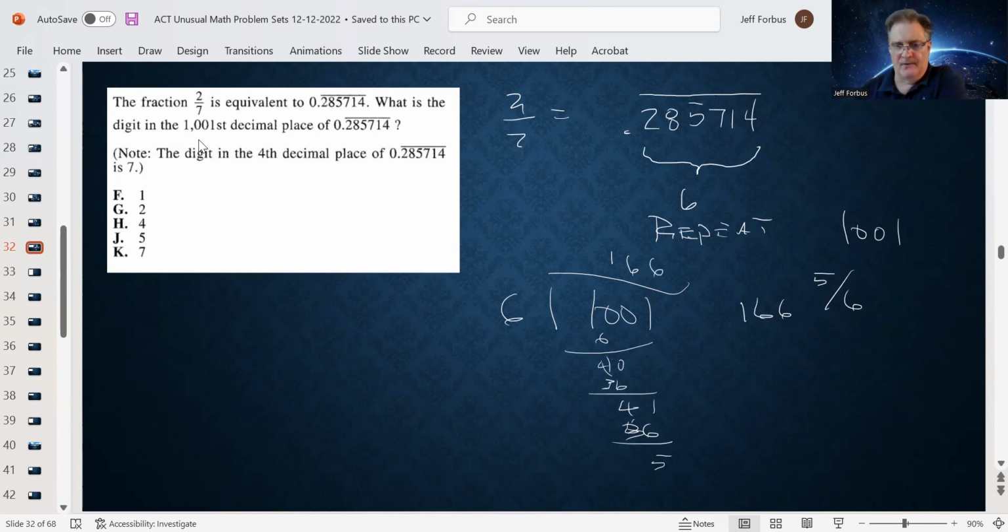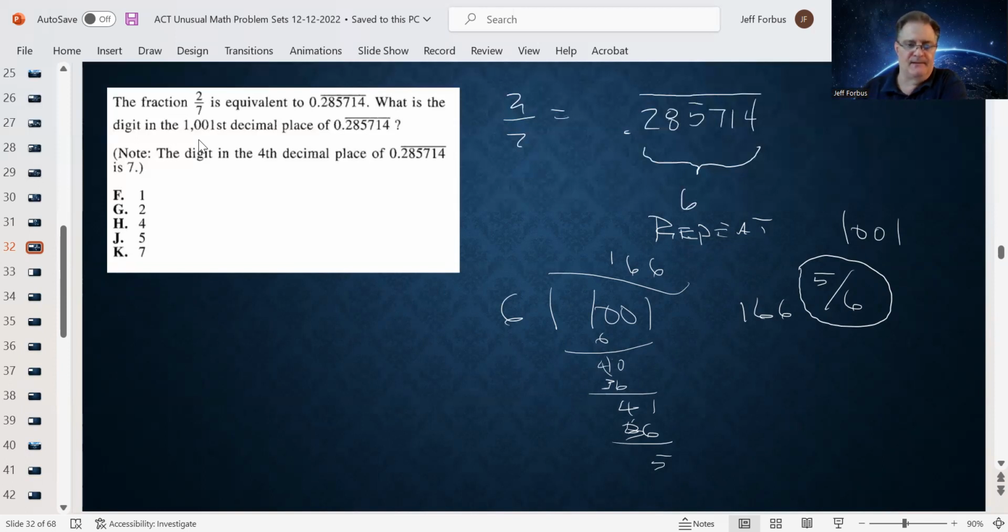This remainder is very important. We're talking about numbers, right? So it's telling us the 166th group of 6, with the 5th number of the 6 as our remainder.